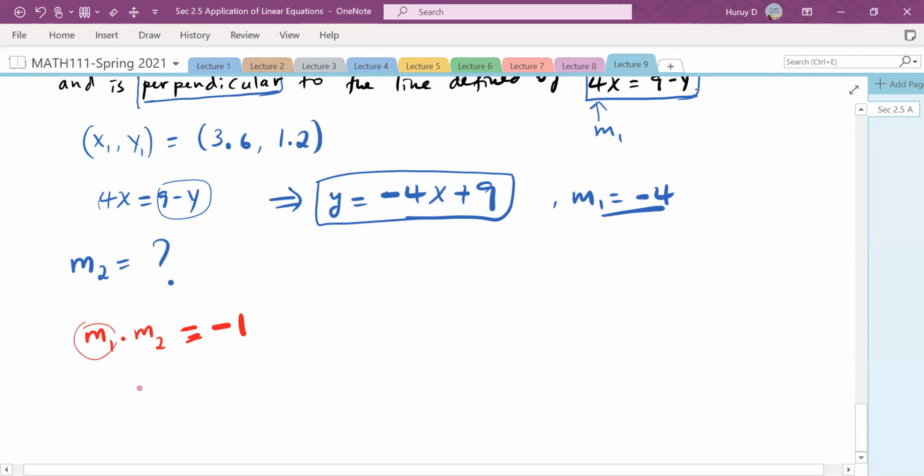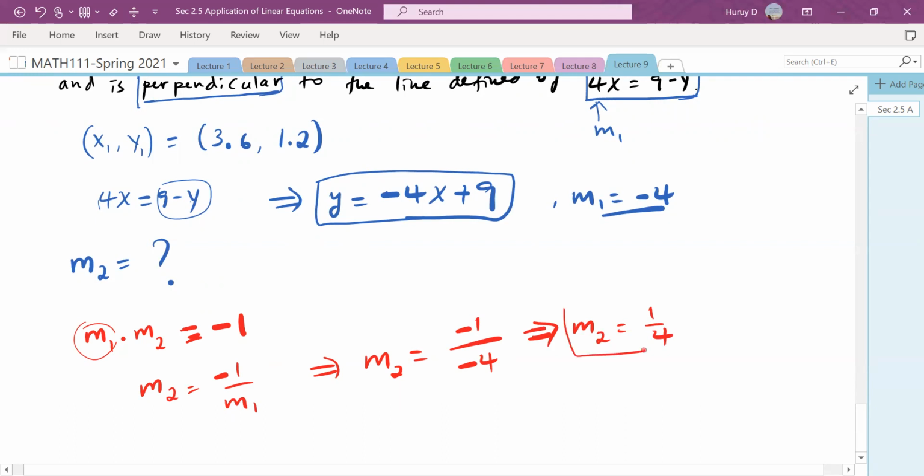We can solve for M2, and M2 is negative 1 over M1. With M1 equal to negative 4, we have M2 equals 1 over 4. So this is what we have: M2 is 1 over 4.